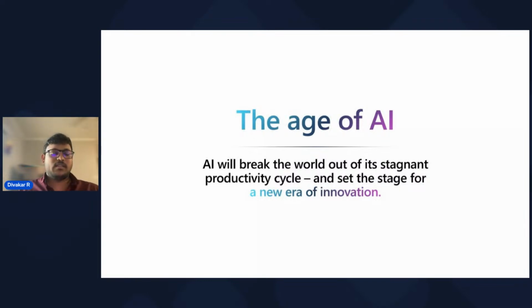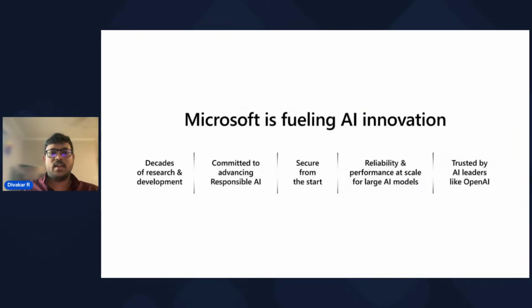With the emergence of these Gen AIs, the industry has seen a wide scale of automations and new approaches to solving problems. And Microsoft has been a very key player in this field for quite some time, doing leading research and development on this.